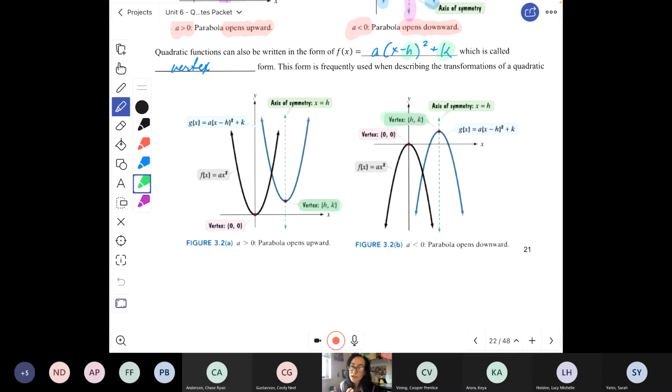If I have my vertex, I also have the axis of symmetry. So it's not that you can't find the vertex from the standard form, it's just easier to identify this, as well as, a little foreshadowing, the transformations that have been applied to the parent quadratic equation. So let's look at the parent quadratic equation.